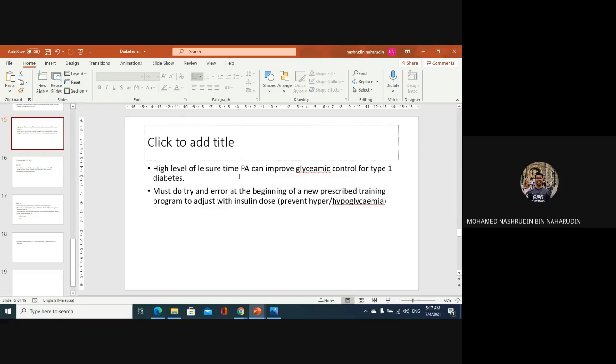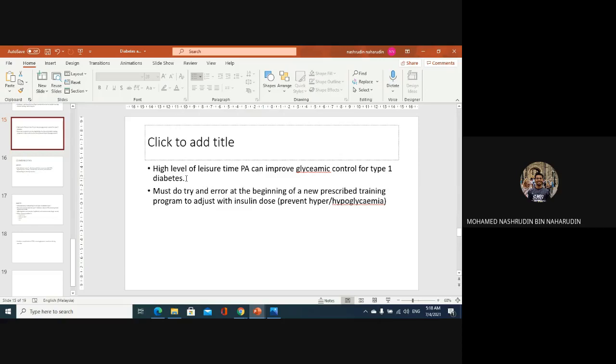Make sure you have more rest, or intervals of rest, between the physical activity, because it has been shown to improve glycemic control, meaning that their blood glucose level will be maintained, not too high or not too low, so the patient will not experience a hyper or hypoglycemic condition.